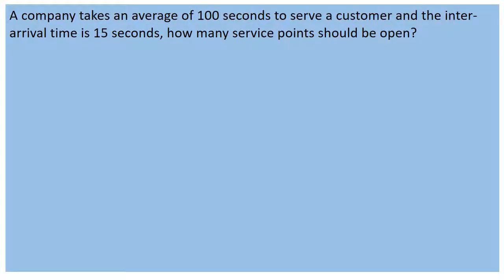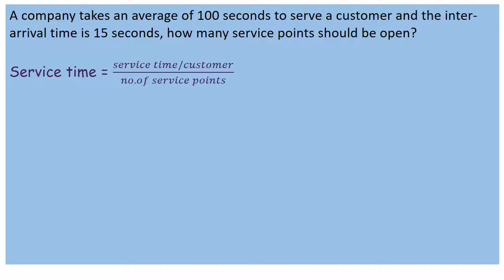The next consideration we'd like to look at is how many service points we should open if we know the inter-arrival time and the service time. So in this example, a company takes an average of 100 seconds to serve a customer, and the inter-arrival time is 15 seconds. How many service points should open?